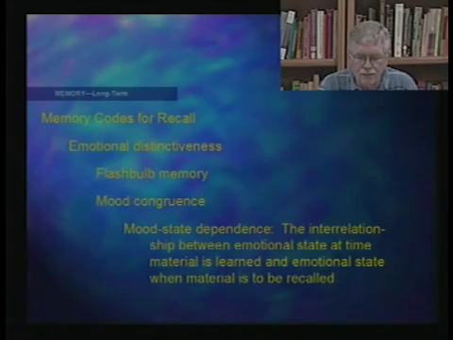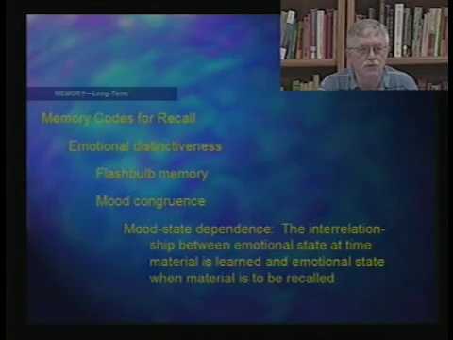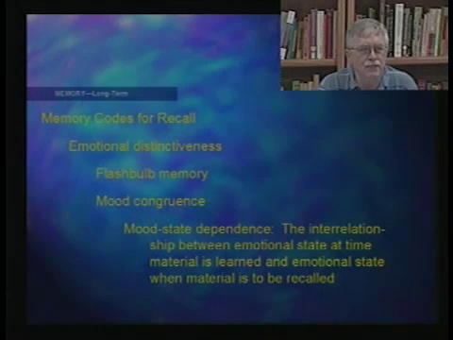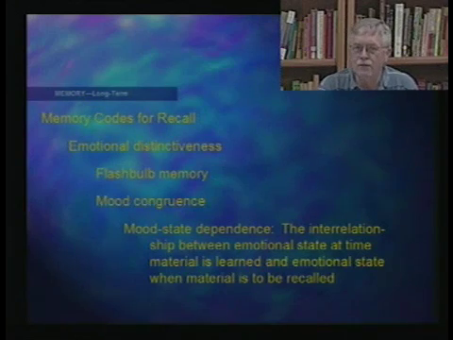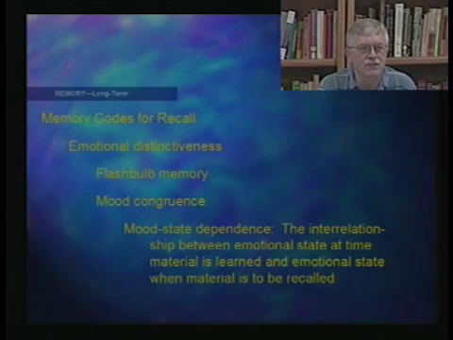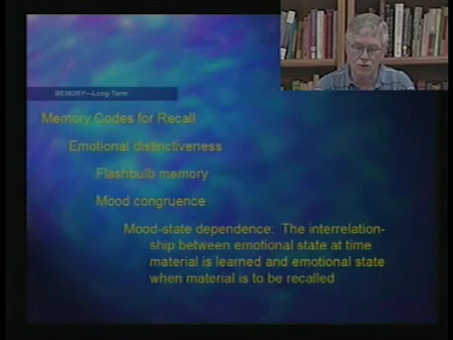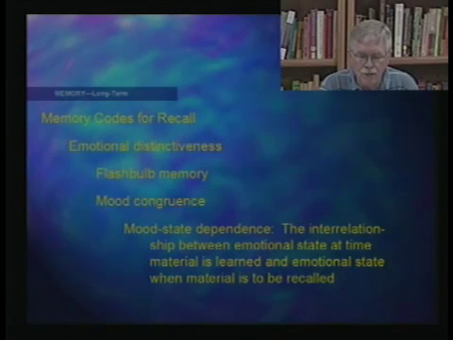But Matlin summarizes the work of Ucros, U-C-R-O-S, in her book, noting that there is a moderately positive relationship that exists between the mood that you're in when you learn material and how well that mood impacts your recall of the material if you're able to replicate it later as opposed to not being able to replicate it later.